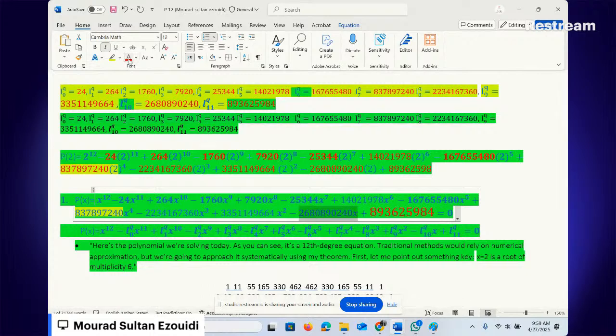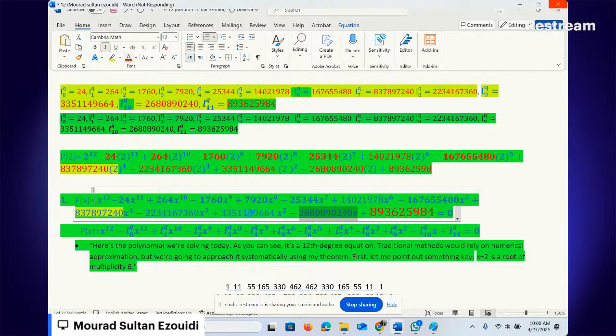I will color now the coefficients of my 12-degree polynomial equation, and you will see that all the classical methods can solve this 12-degree polynomial equation only without using the Murat-Ezouidi theorem.